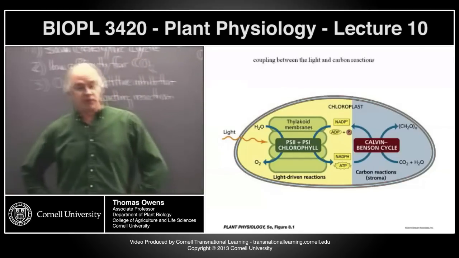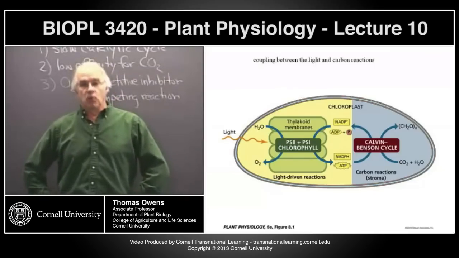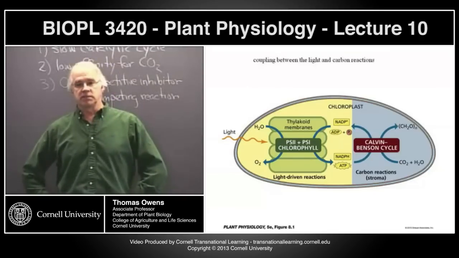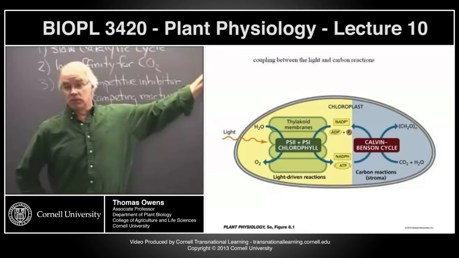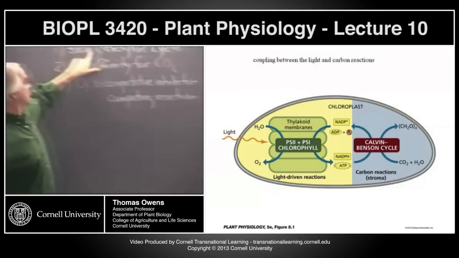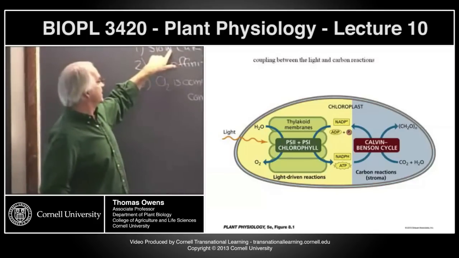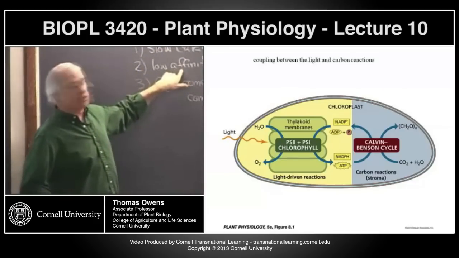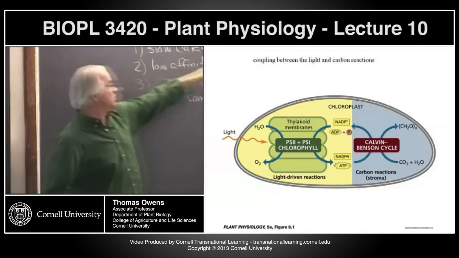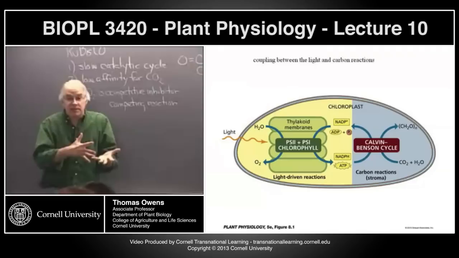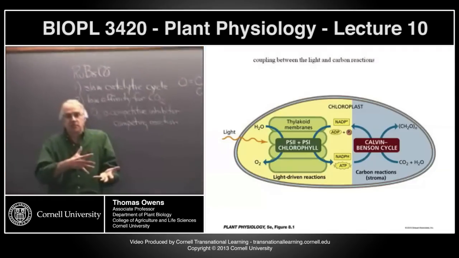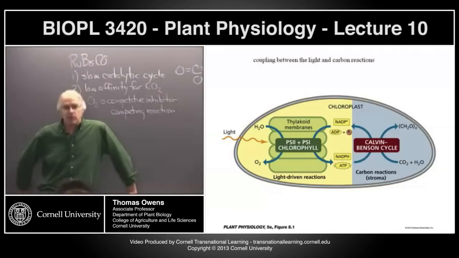Let's think about it from a larger perspective. What could a photosynthetic organism do to get around the problems of Rubisco? Well, it can't change the catalytic cycle. That's built into the enzyme. Can't really change the affinity for CO2 or the competition between oxygen and CO2 because that's built into the enzyme. If you change those drastically, the enzyme doesn't work anymore.